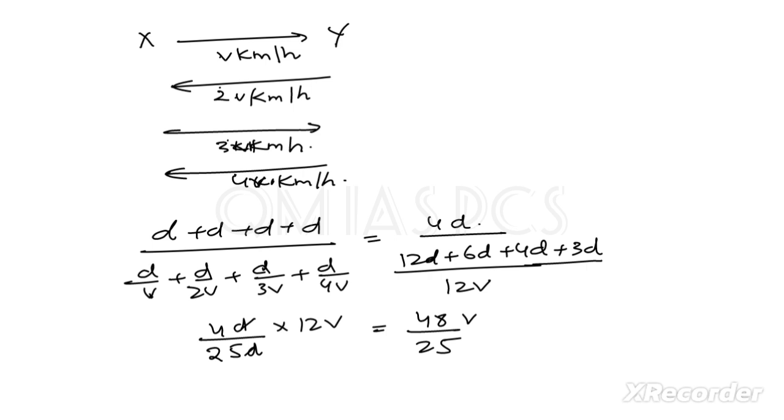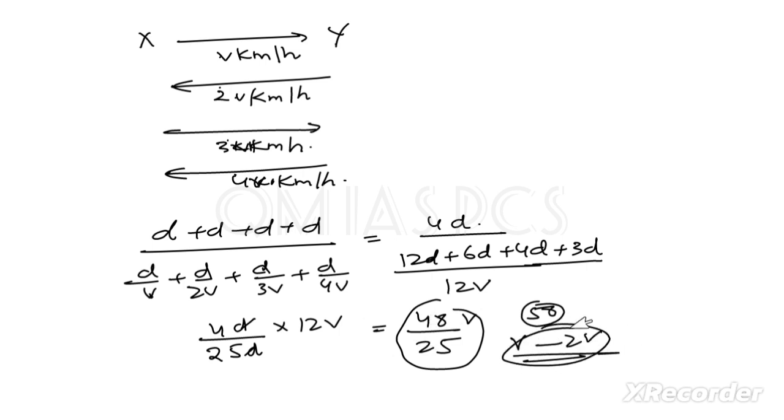Now the answer is not an exact value. If you look at the question, the options were: less than v kilometer per hour, between v and 2v, between 2v and 3v, between 3v and 4v. When you divide this, you know double of 25 is 50, so obviously it is between v and 2v.